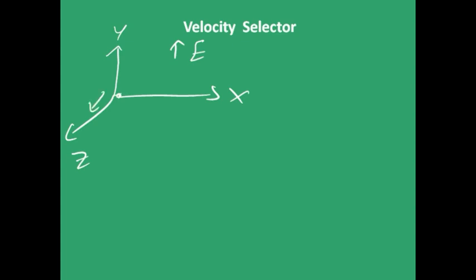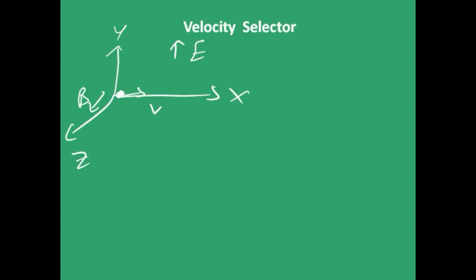Observe this scene. Here this is the x-axis, this is the y-axis, this is the z-axis. Here I have an electric field in this direction. Also, I have a magnetic field in the positive z direction. I have a particle at my origin, and the initial velocity is v towards the positive x-axis.